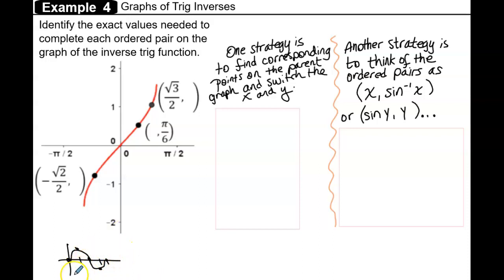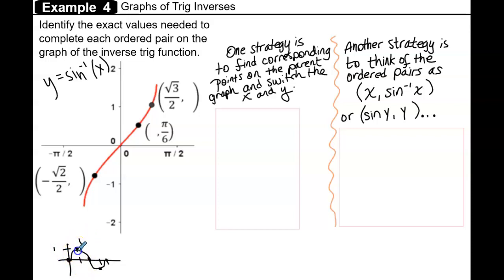If I reflect that over the line y equals x, notice that I would get this shape. So this is the graph of y equals the arcsine of x. Now on the parent graph of the sine function, the maximum here is at 1.